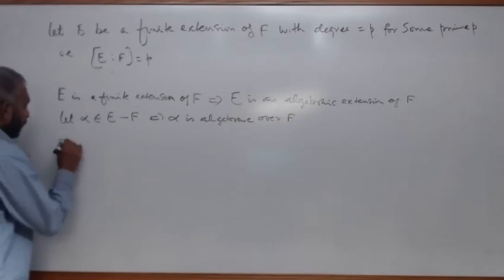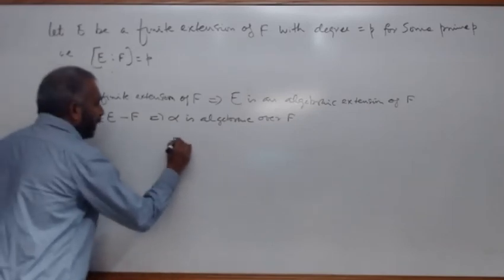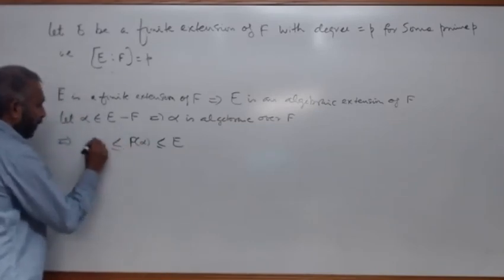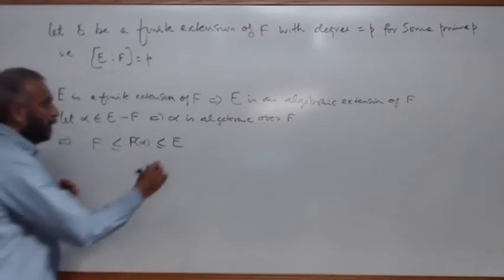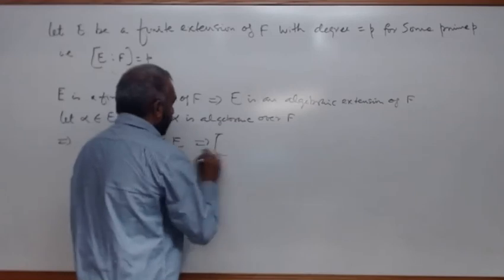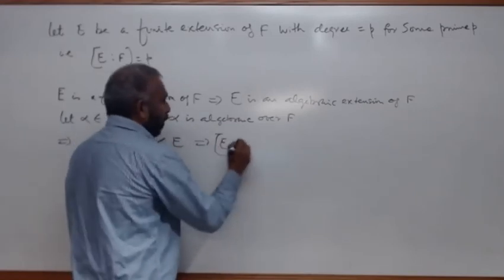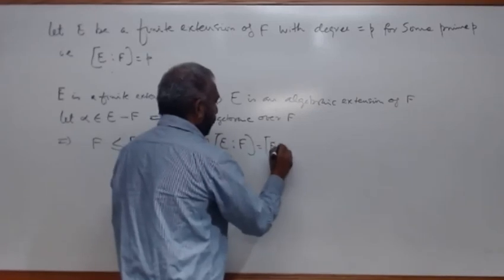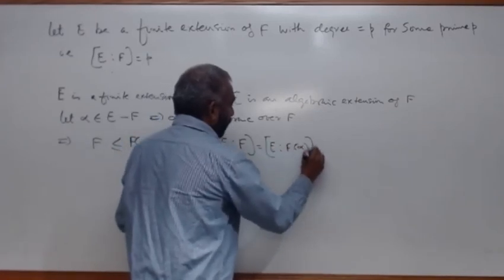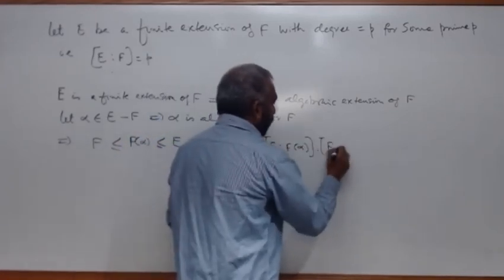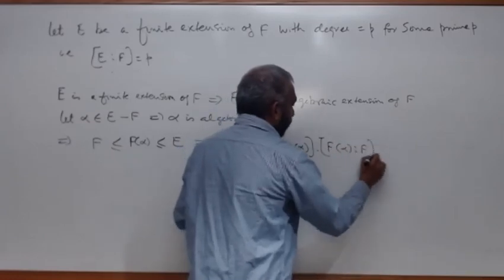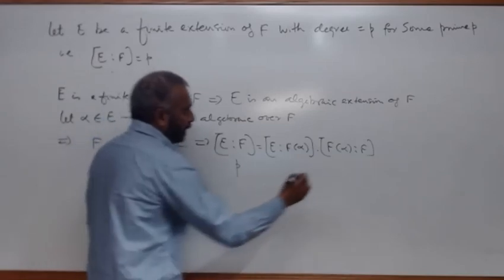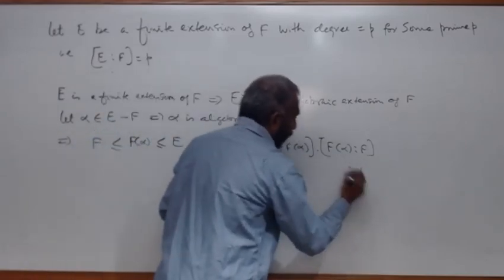So that means E is an extension of F(alpha), which is an extension of F, and that implies the degree of E over F is equal to the degree of E over F(alpha) times the degree of F(alpha) over F. This is p and this is a number greater than 1.